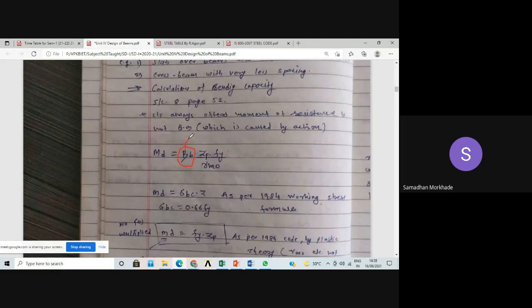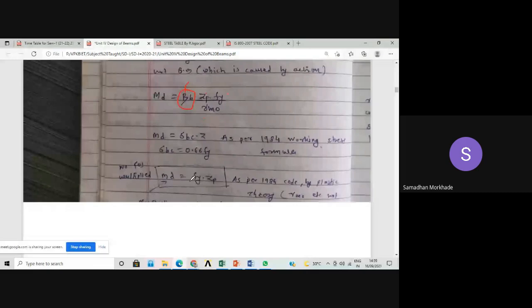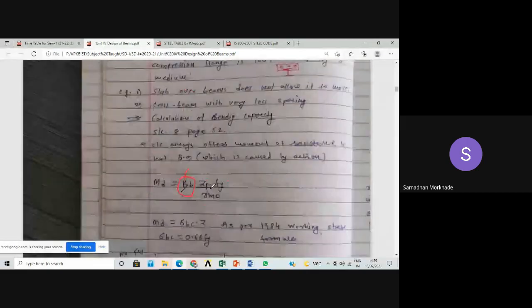Whatever section we are going to use for the beam, we have to classify that section, whether it is plastic, compact, semi compact, or slender. Don't bother about slender sections, we are not using them. We are going up to semi compact sections, and we have to take reference of table number 2 of the IS code for the classification of sections. Beta B takes care of whether the section is plastic, compact, or semi compact.